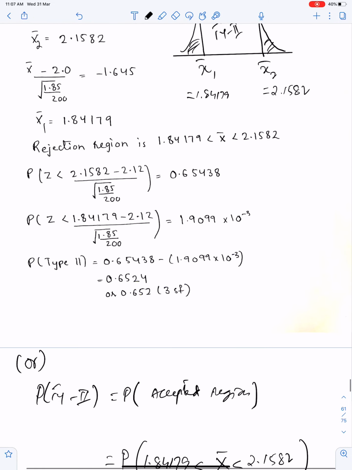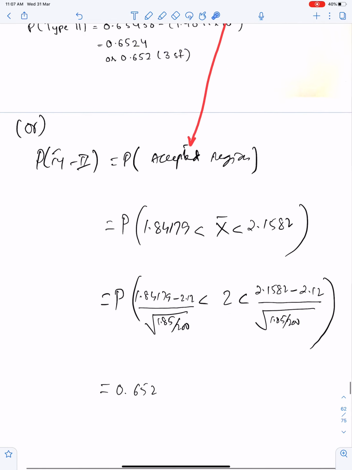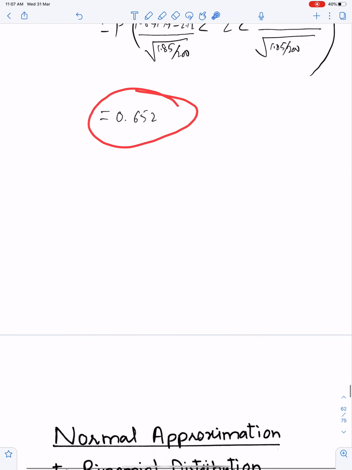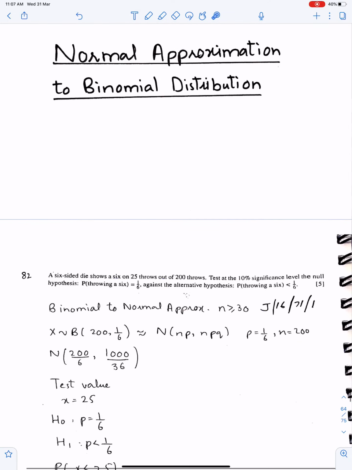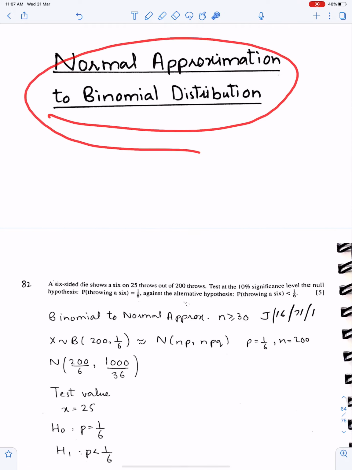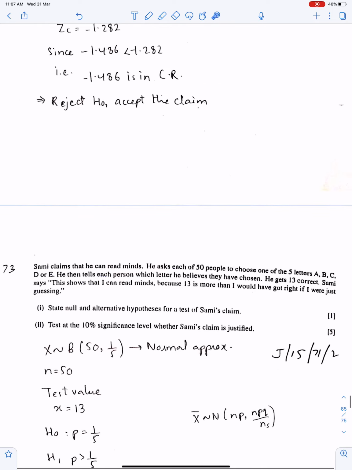And after finding the critical region, find the probability of the accepted region. This is the way to find the probability of type 2 error in a two-tailed test of the normal distribution. Normal approximation to the binomial distribution: I will only take the questions of type 1 and type 2 error.